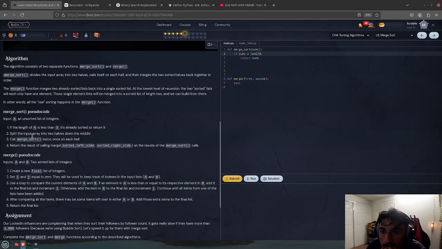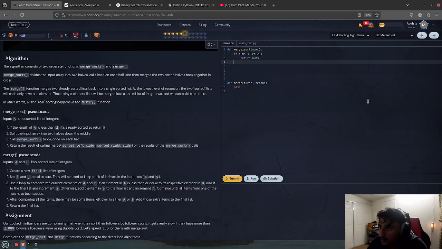Split the input array into two halves down the middle. Okay. So split is equal to the len of nums.